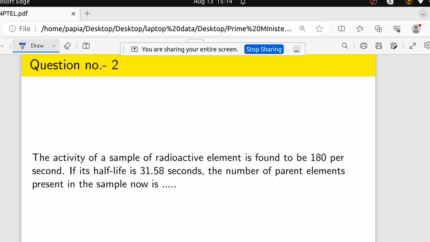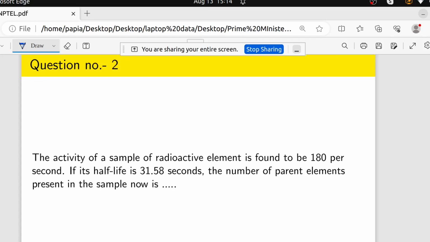So in that first question, what is there? The activity of a sample of a radioactive element is found to be 180 per second. If its half-life is 31.58 seconds, the number of parent elements present in the sample now is what? So this is the question. Basically at the very first we have to know what the activity of a sample is.